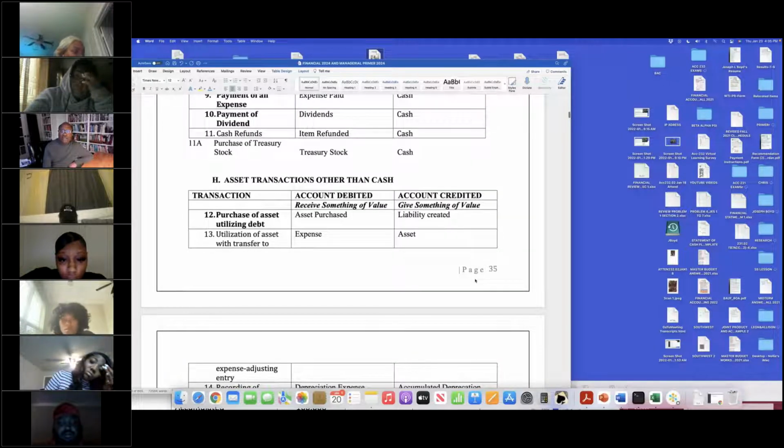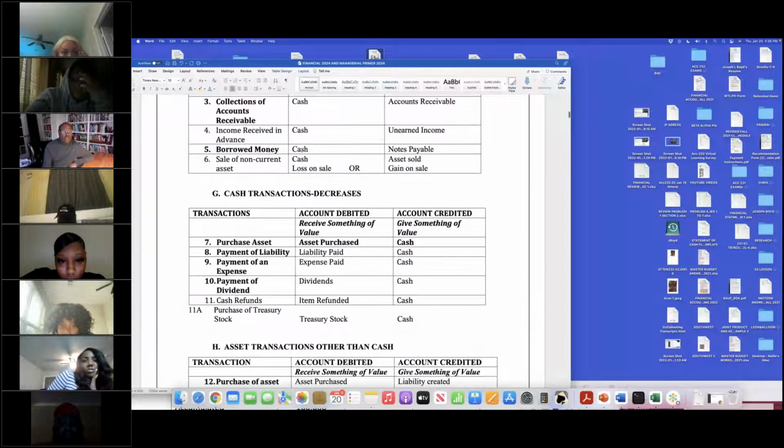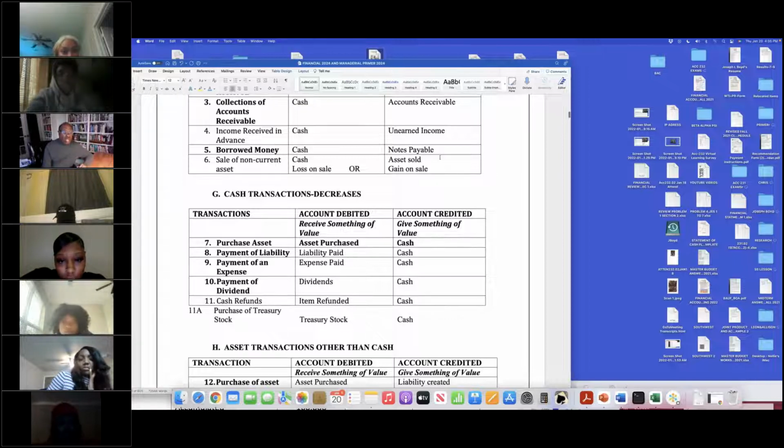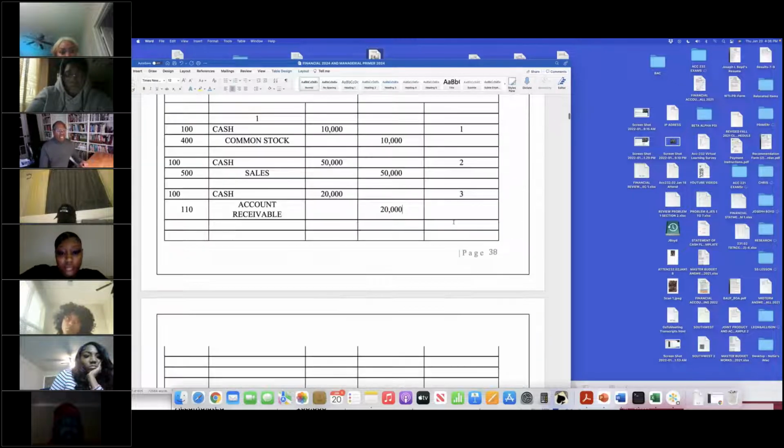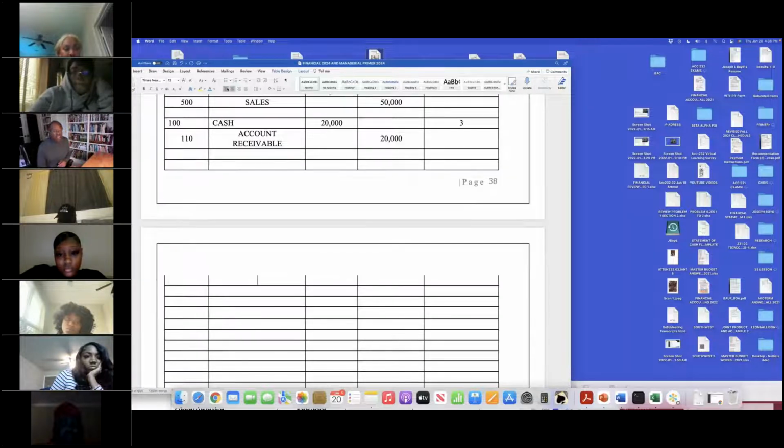What are you going to debit? Cash. What are you going to credit? Notes payable. Okay, so that's how I teach journal entries, so students hopefully have some sort of frame of reference, so when they see it again, they have a frame of reference to go to.